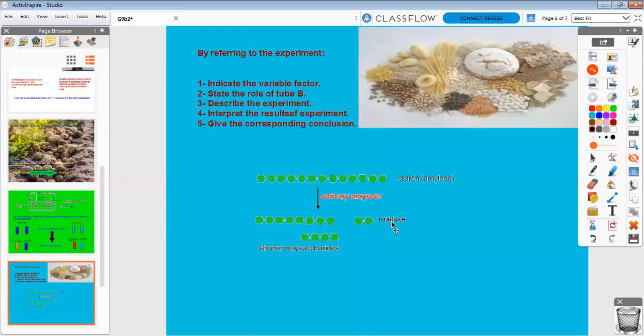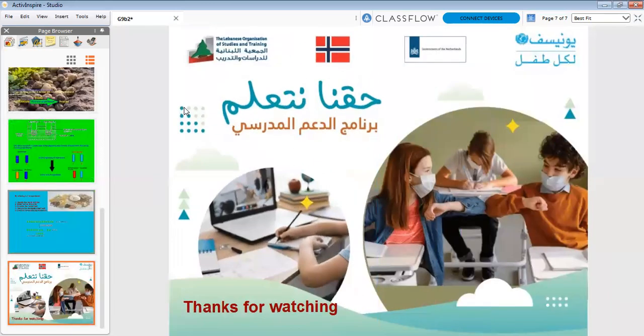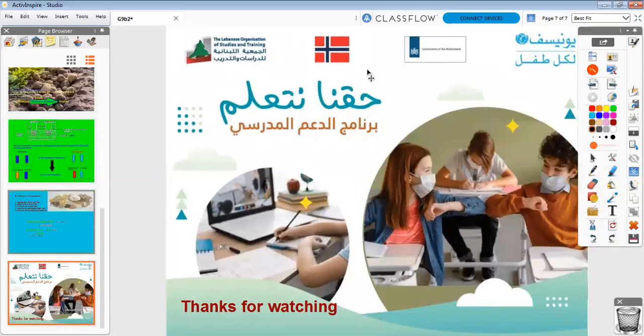Okay, so the complex molecules of starch are digested by salivary amylase present in saliva into maltose. This is the end of our lesson.